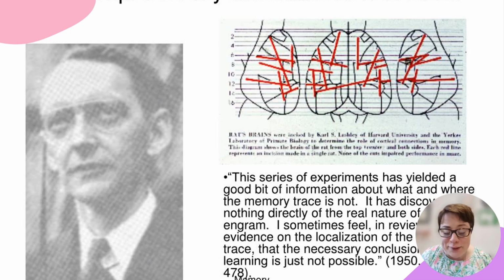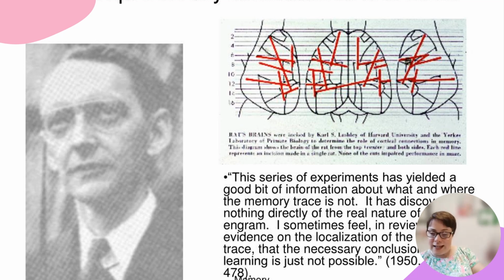So with respect to Lashley's experiments looking at food-seeking behavior in rats, I just wanted to show you this diagram because you'll see in the red lines all of the areas that Lashley lesioned, right? And lesion essentially just means purposefully damaging an area of the brain by applying an excitatory probe, right?